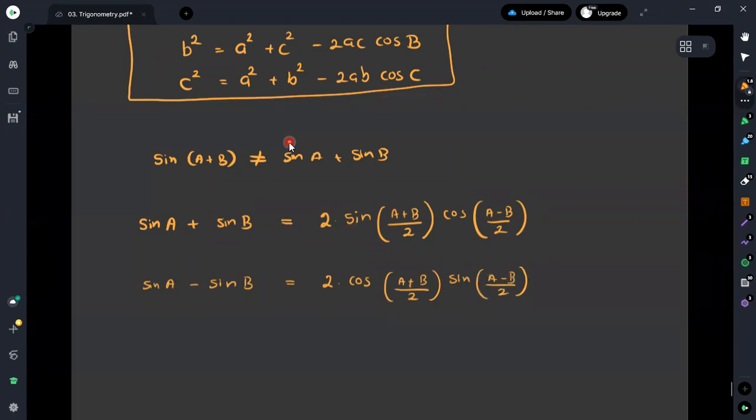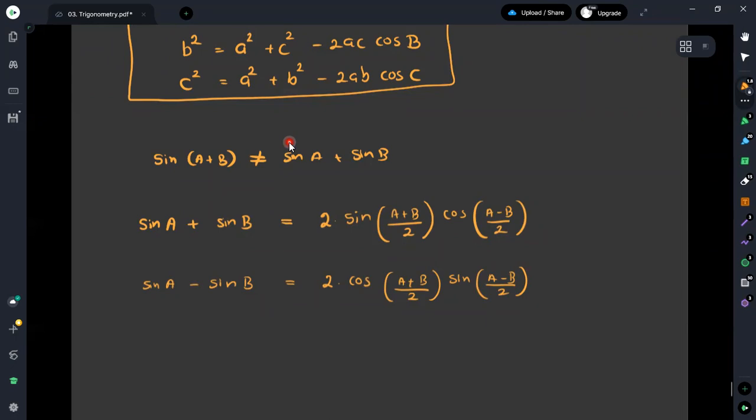First we take the summation, divide it by 2 and take the cosine value, then take the difference. We are not going to change the order: the first value mentioned is taken, and we subtract the second value from the first and divide it by 2.